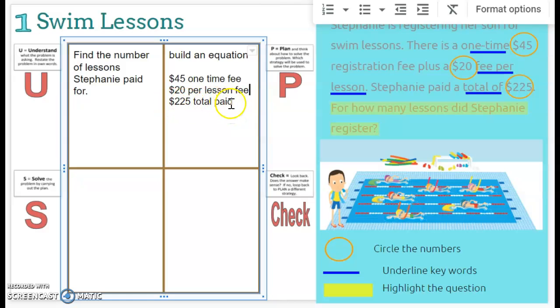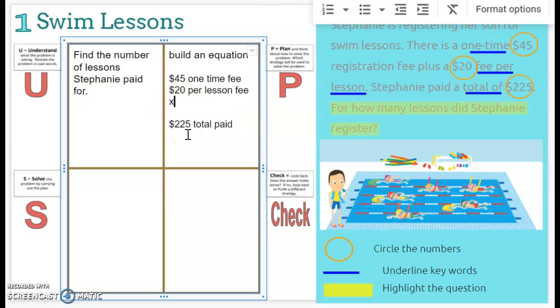This tells me the total amount. So whatever I have equals this amount. These two I have to add together to be able to get this amount, but I'm missing how many lessons were involved because I can't just add 45 and 20 to get 225. There has to be something in here that's missing.